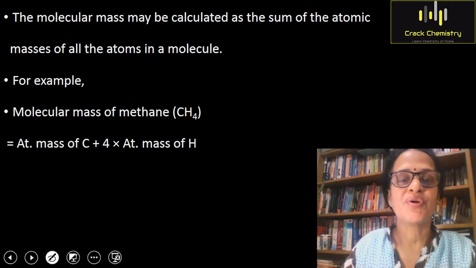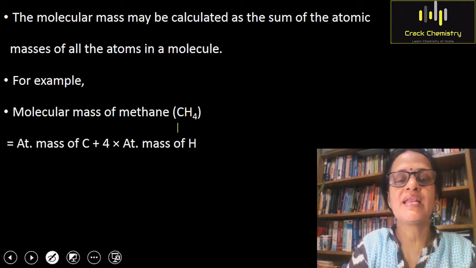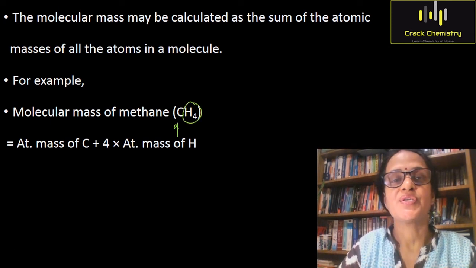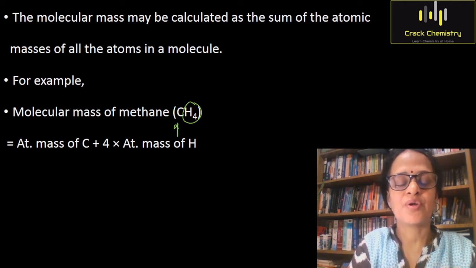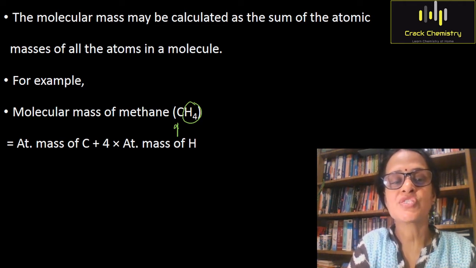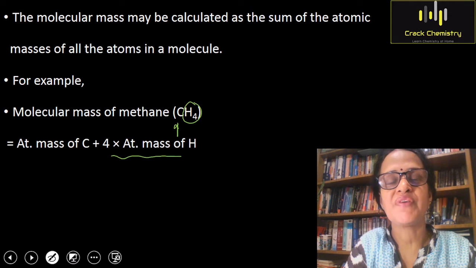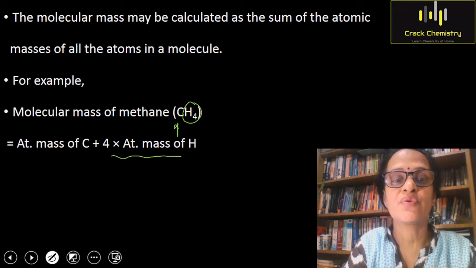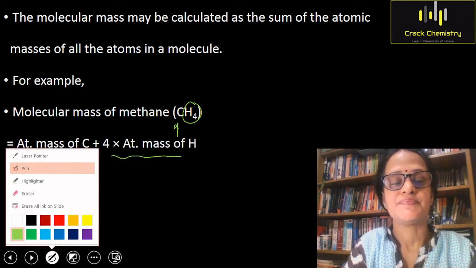So, a molecule of methane consists of one atom of carbon and 4 atoms of hydrogen. So, we can calculate molecular mass of methane as atomic mass of carbon plus 4 into atomic mass of hydrogen. We are multiplying atomic mass of hydrogen with 4 because 4 atoms of hydrogen are present in it.